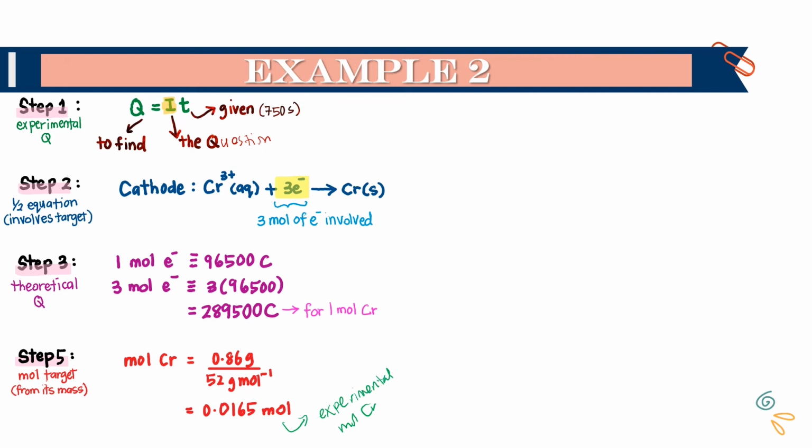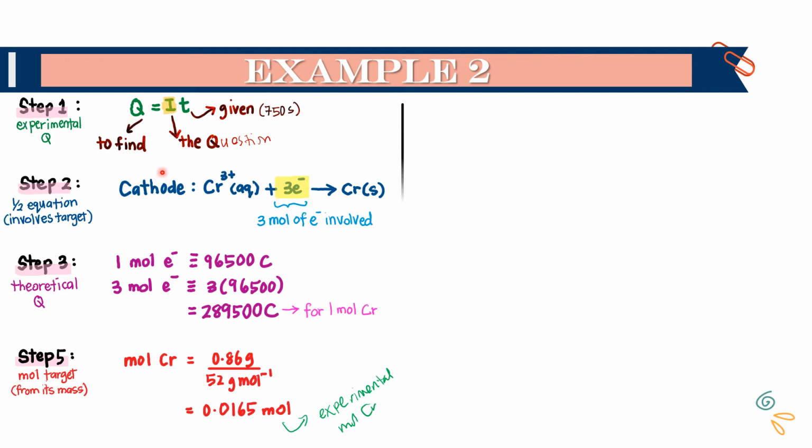Okay, kenapa penting awak tahu yang ini adalah experimental mole of chromium? Sebab kita nak cari Q experimental. Kita boleh buat stoichiometry dekat sini. Sebab apa? Kita dah ada charge theory dan juga mole theory. 1 mole chromium, 289,500 coulomb of charge. Jadi, kalau kita ada 0.0165 mole of chromium, berapa charge yang ada?